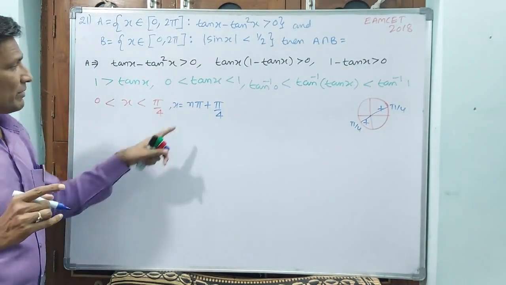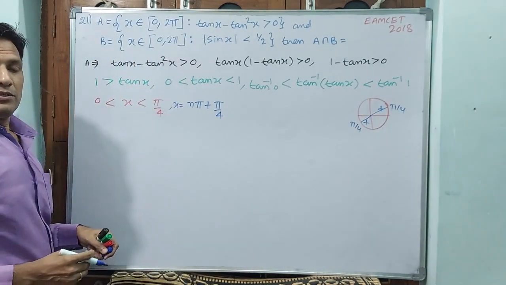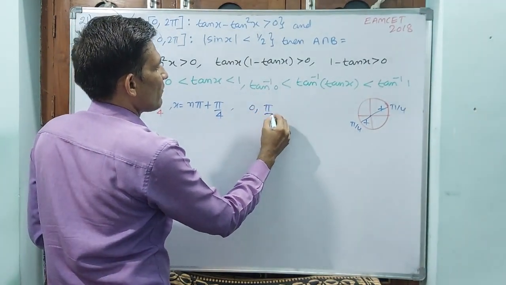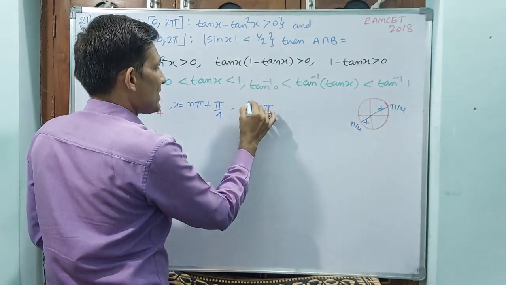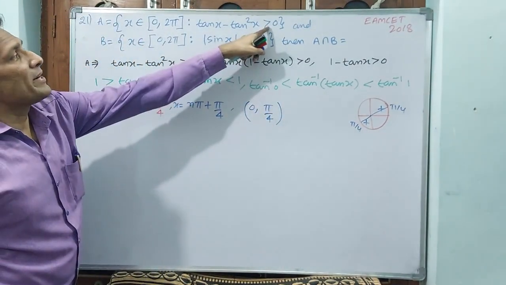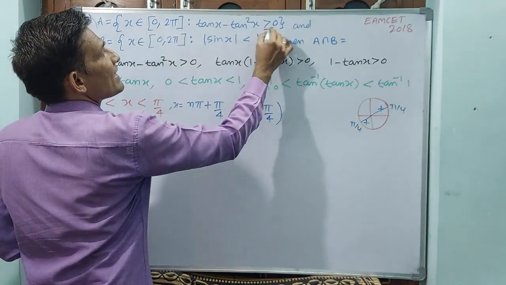Now you tell me, this is plus π/4 only, 0 to π/4. I will take it like this: 0 to π/4, an open interval. Why open? Because from here itself the open interval started; we will see this afterwards. Here they have not given equal to.